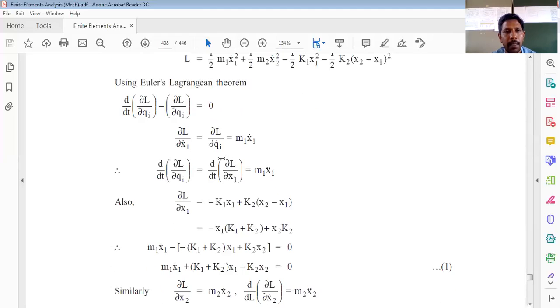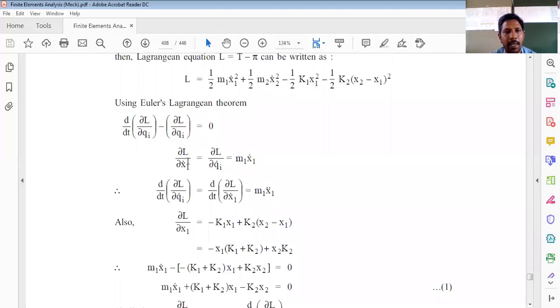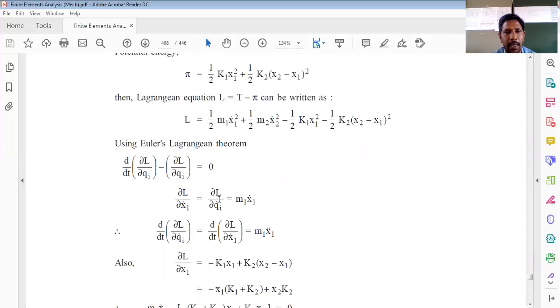So when you take the derivative of L with respect to x1 dot, we will have m1 x1 dot. Further, the rate of change of this x1 dot will be x1 double dot.